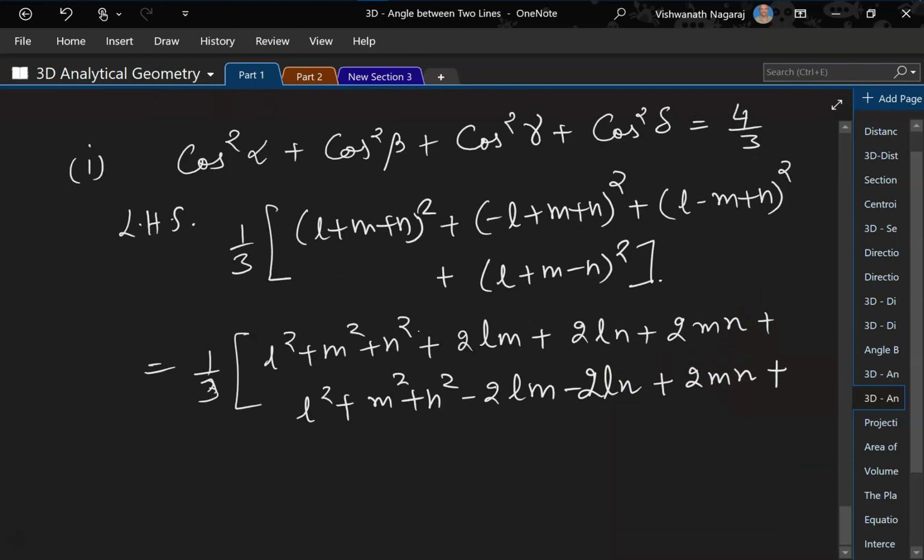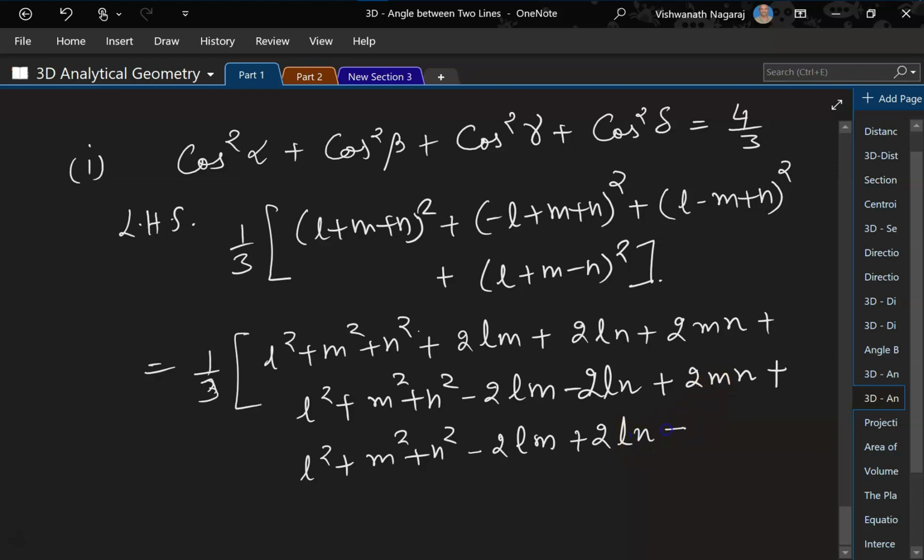Now m has a minus sign: l square plus m square plus n square minus 2lm, here l was there, here l was there, here m is there. Here m is not there, so plus 2ln.